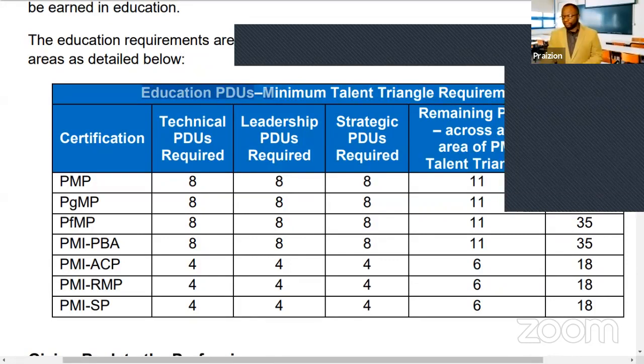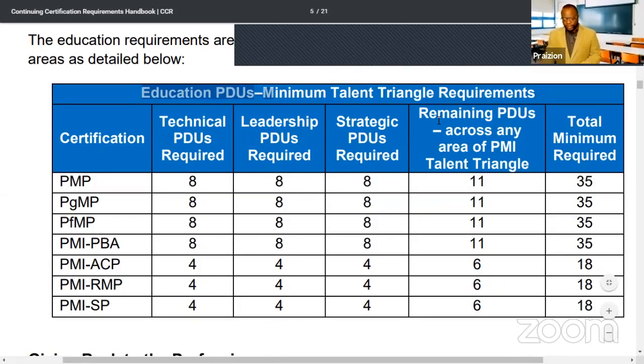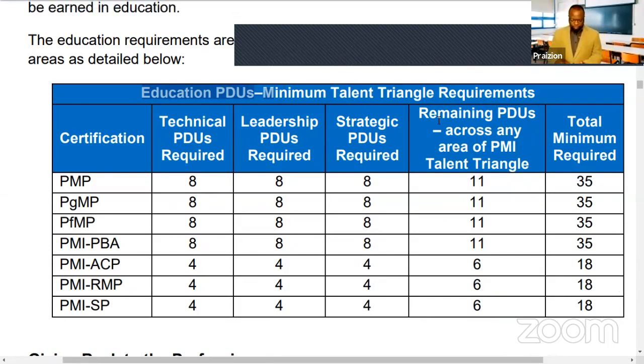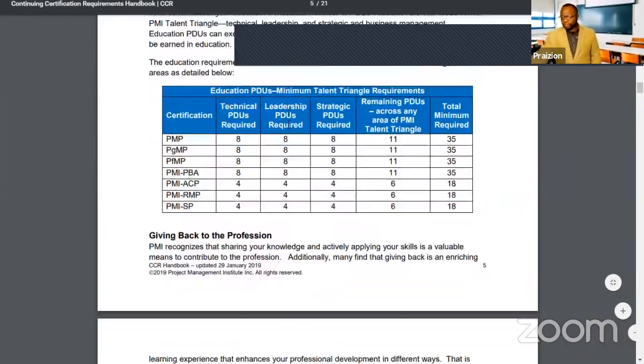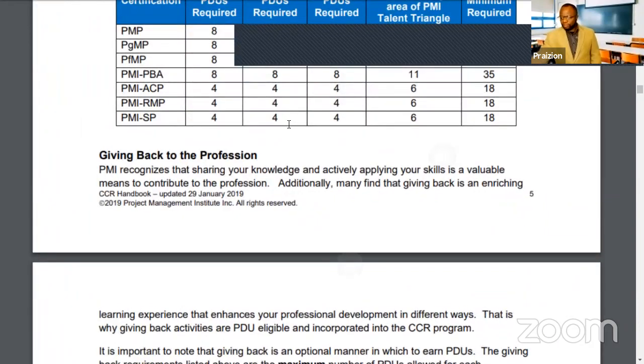All right. And the other 25 can come from you giving back to the profession, but they want a minimum of this. Now, that's not to say you can't go to the limit and do a whole 60 from education. You can.